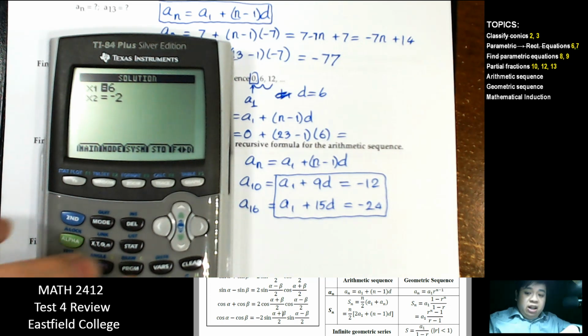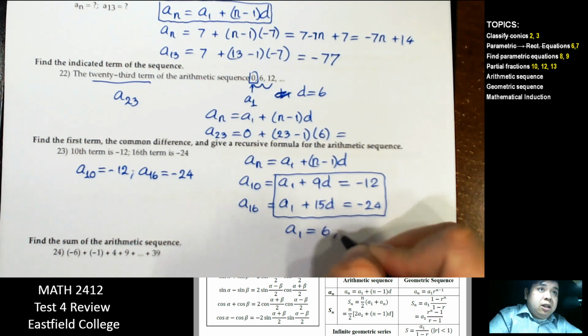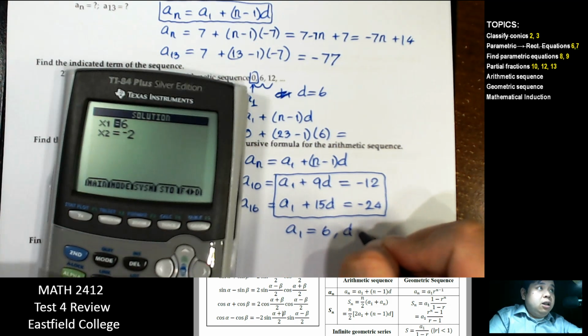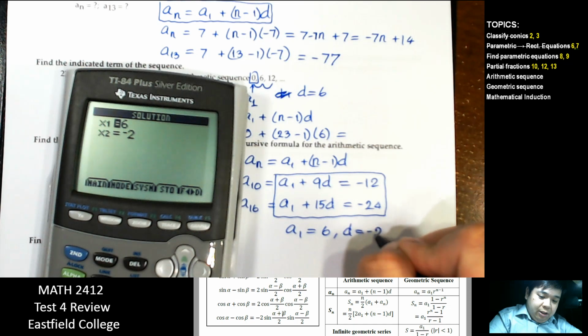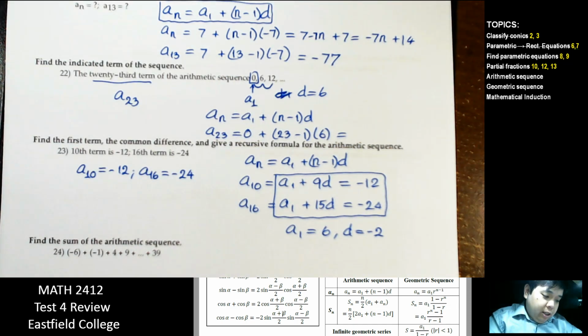We have 6 and negative 2. So the first term is 6 and d is negative 2, right? So pretty much that.